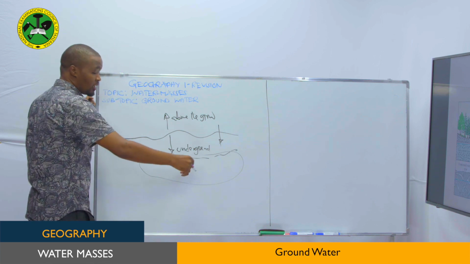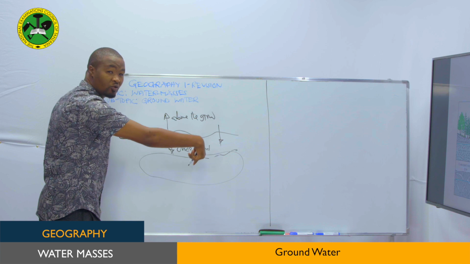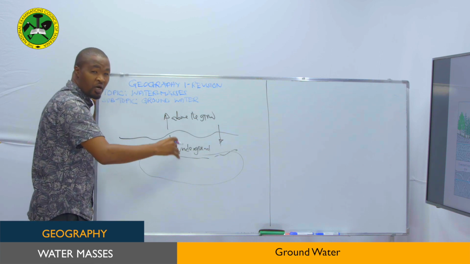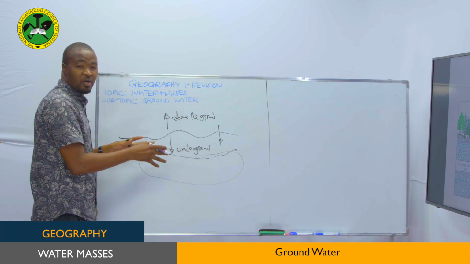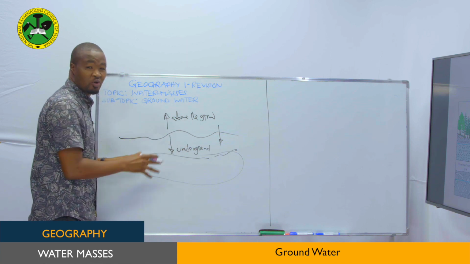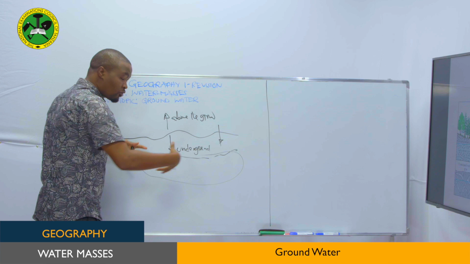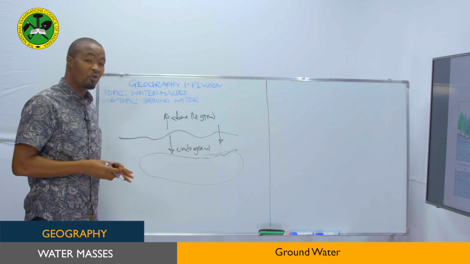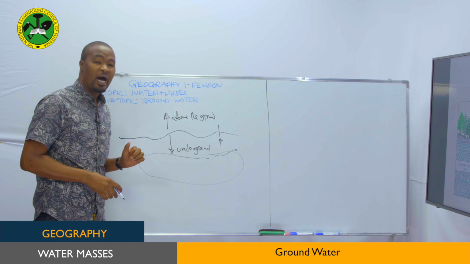Water that enters the underground will saturate, will occupy the space between the rock particles. Are we together? The amount of water within the space inside the rock particles is what we call the underground water.